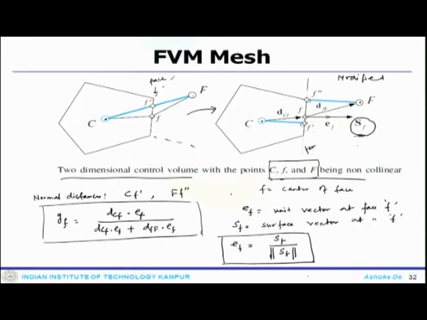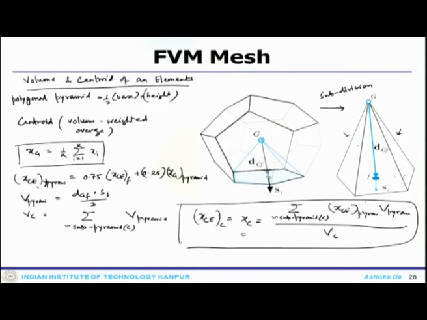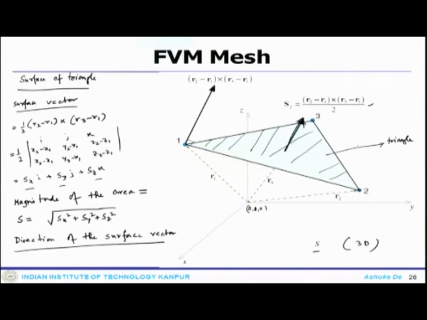So, what happens when you move from structured to unstructured gives rise to different kinds of issues. One of them is the handling of different kinds of polyhedra and the surface vector.